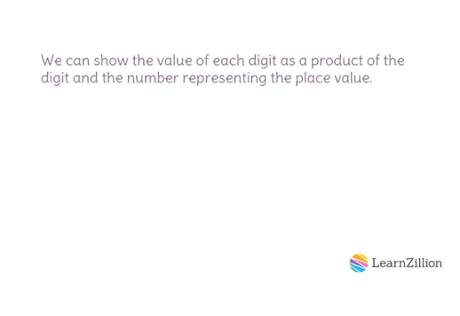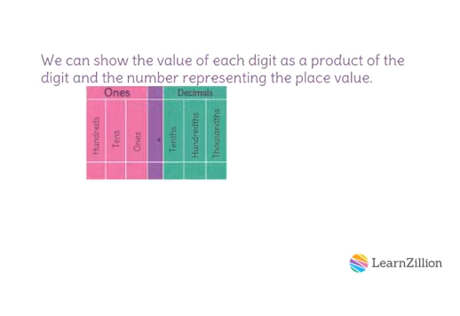We can show the value of each digit as a product of the digit and the number representing the place value. The place value chart will help us again. The value of the digit 9 is 9/1. We can write it down as 9 times 1, showing that there are 9 of the ones. The value of the digit 6 is 6/10.